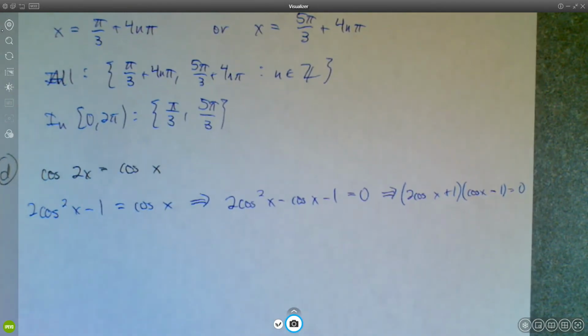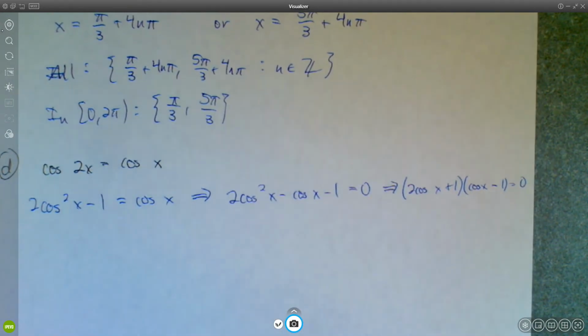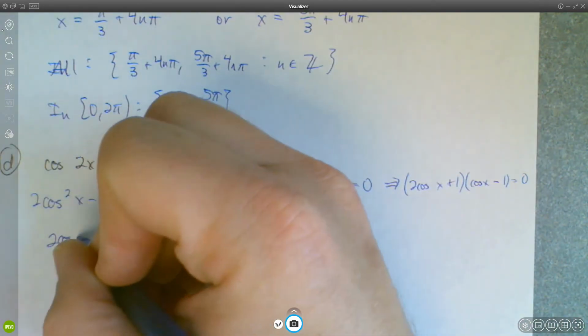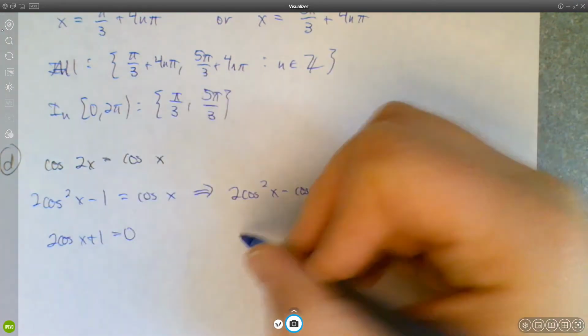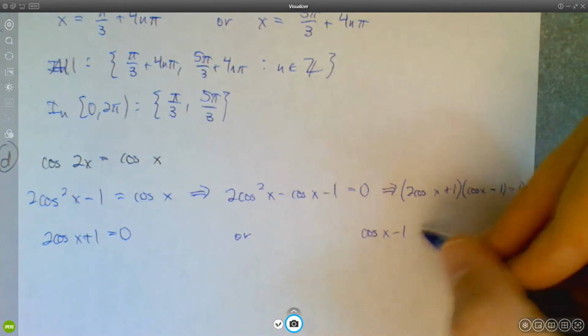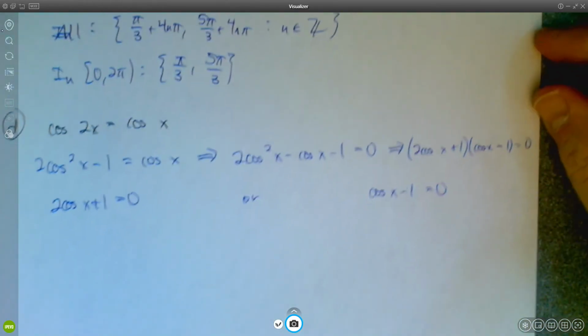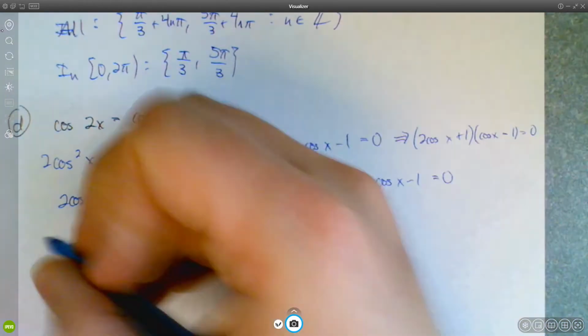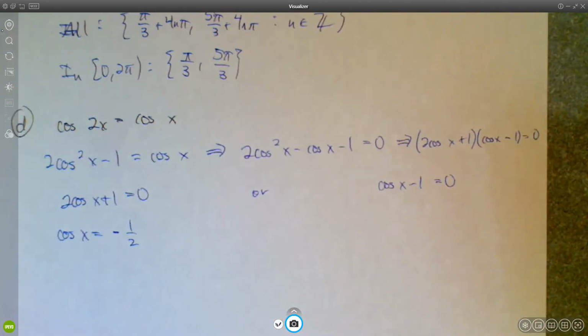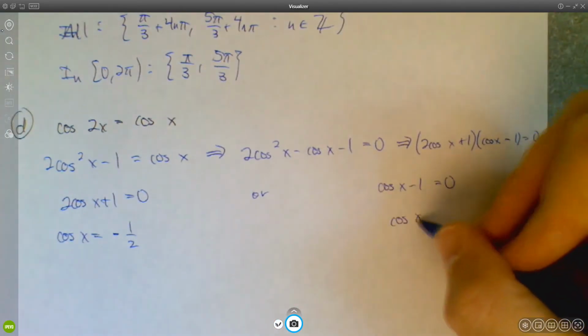Alright, so that does it, right? So we're going to have 2 cosine x plus 1 equals 0, or cosine x minus 1 equals 0. So here we would get cosine x equals negative 1/2. Here we would just get cosine x equals 1.